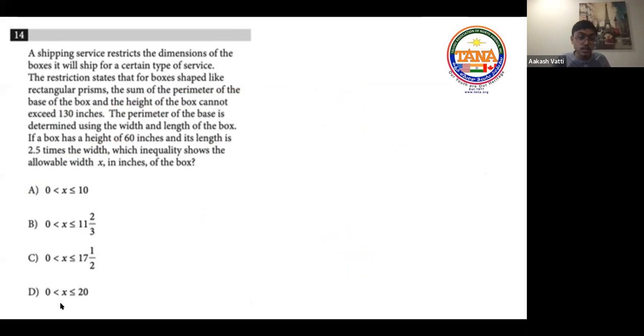All right, so first thing we do is we know that the perimeter plus the height can't be more than 130. So that is our first equation. We know that the perimeter equals 2 length plus 2 width, because that is how you calculate the perimeter for a rectangle. So you can just plug this into here.